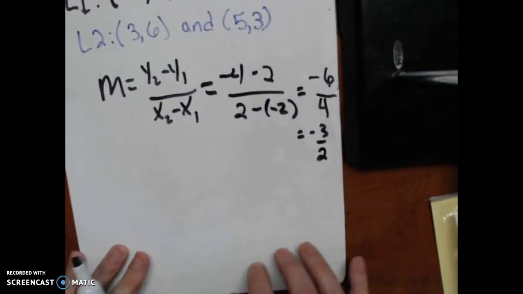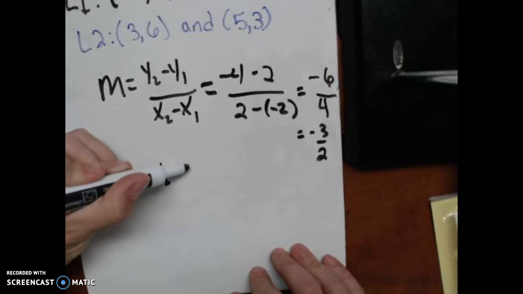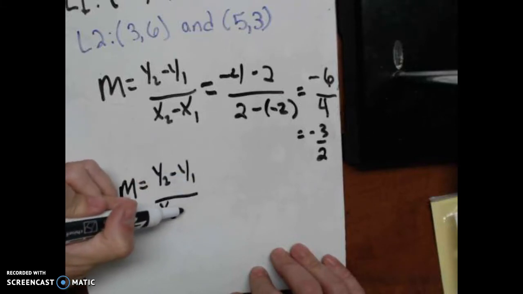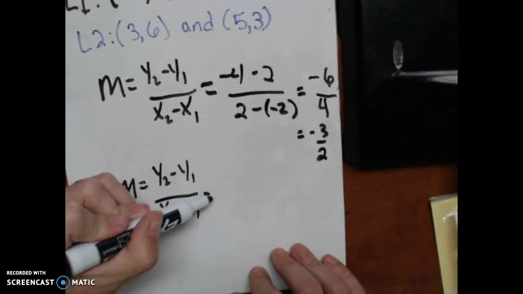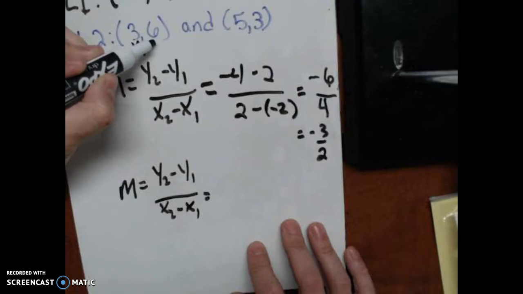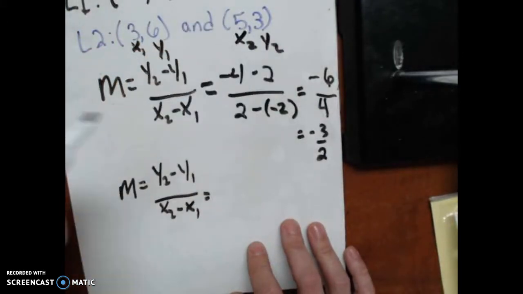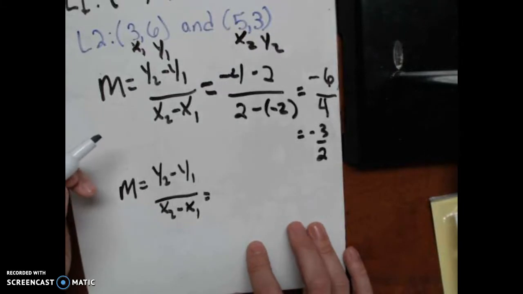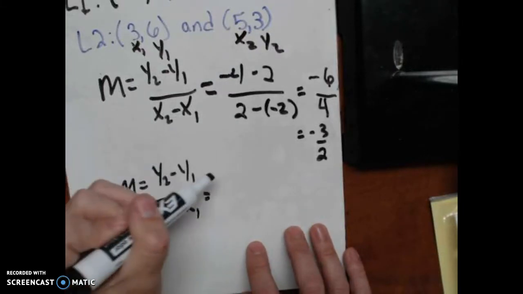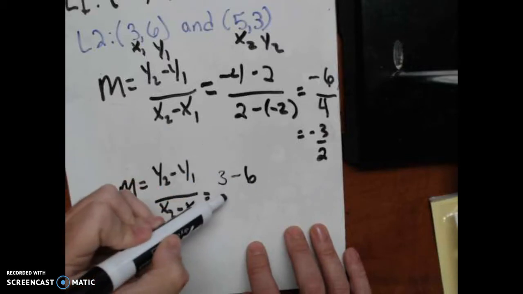We're going to move on down and we're going to do it again. m is y2 minus y1 over x2 minus x1. And our new points here, this will be our x1 and our y1 and our x2 and our y2. So if we plug those in, y2 is 3 minus y1, which is 6.